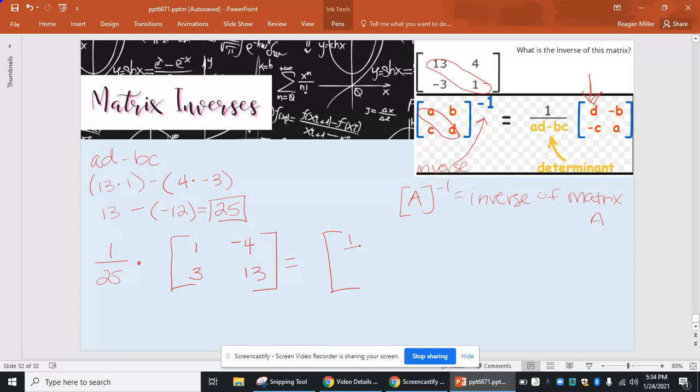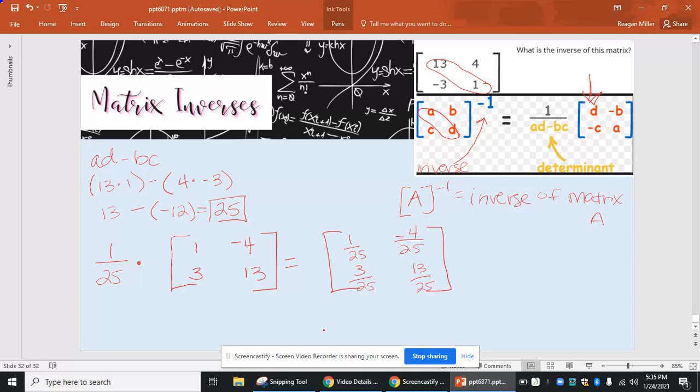I know that's terrifying for so many of you because multiplying by fractions is scary, but you can use a calculator if you need to. So 1 times 1 over 25 is 1/25. 3 times 1 over 25 is just 3/25. -4 times 1/25 is just -4/25. And the same thing for 13.